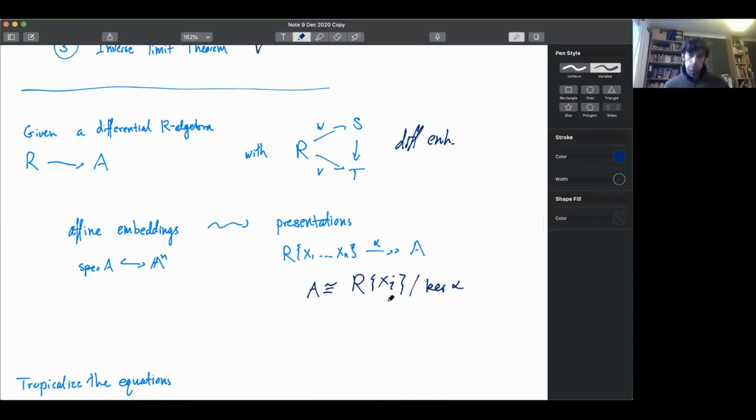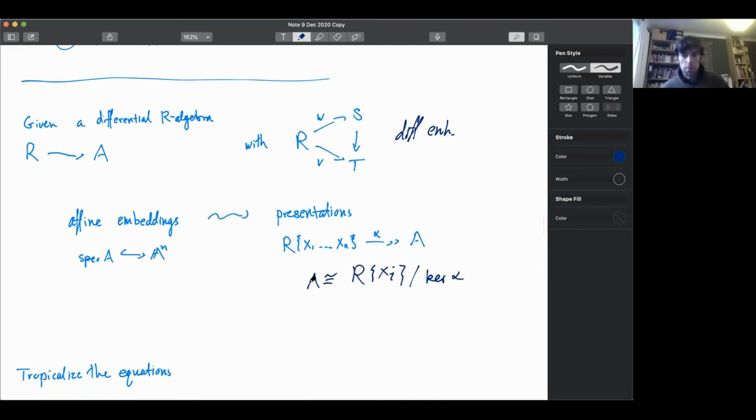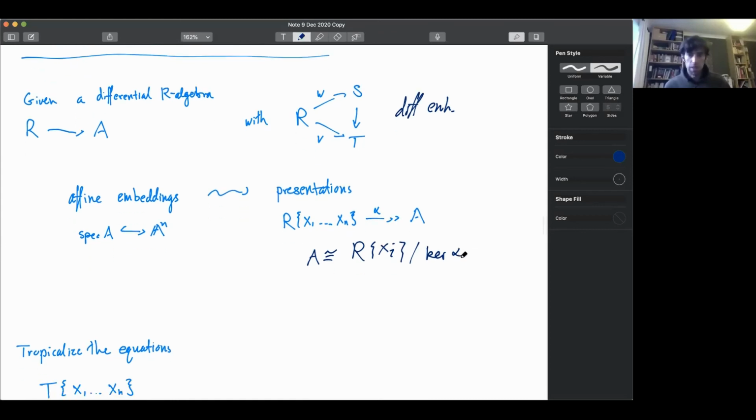Okay, so I can think of this differential algebra A relative to this presentation, this kind of differential affine embedding. It is given by this system of differential equations in these particular coordinates.